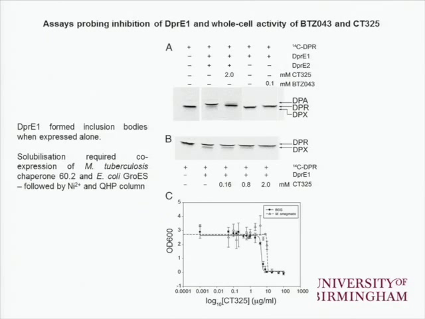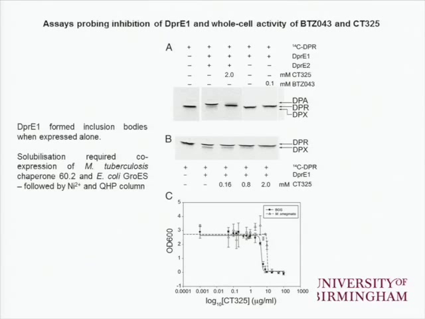To go through this slide a little bit, we were able to take radio-labeled substrate here, DPR, add in DprE1, DprE2, and look at the conversion of DPR to DPA. There's a little bit of the intermediate DPX here.